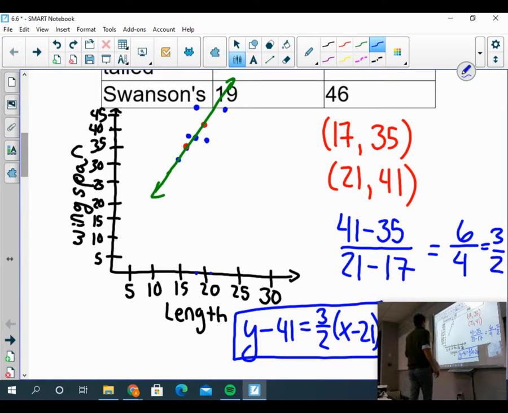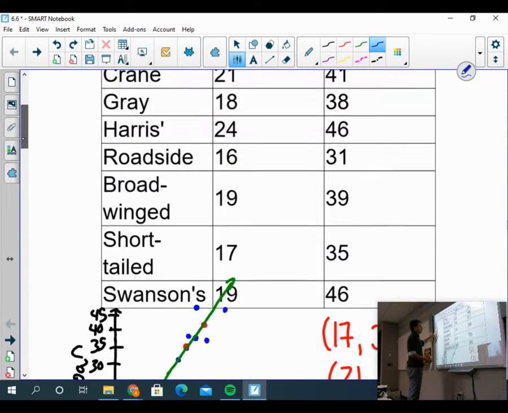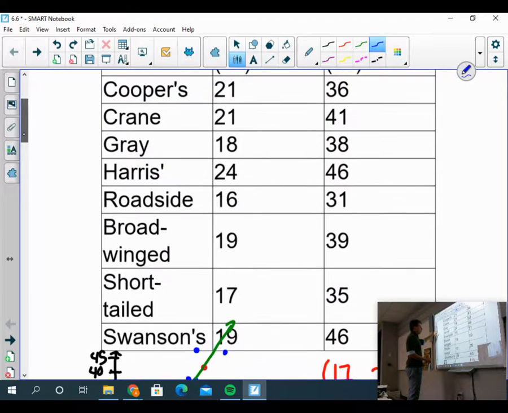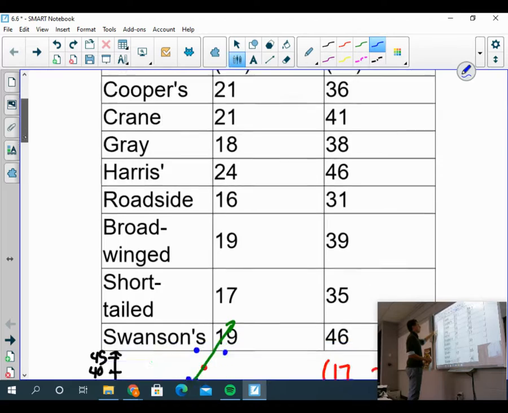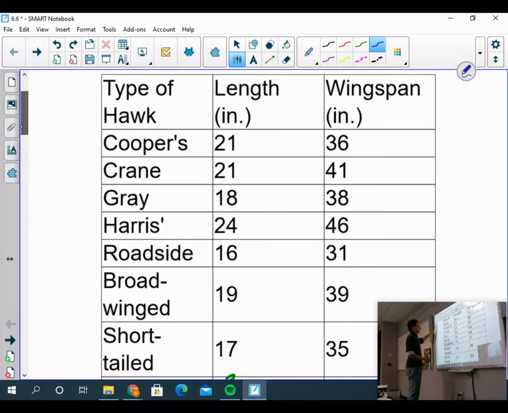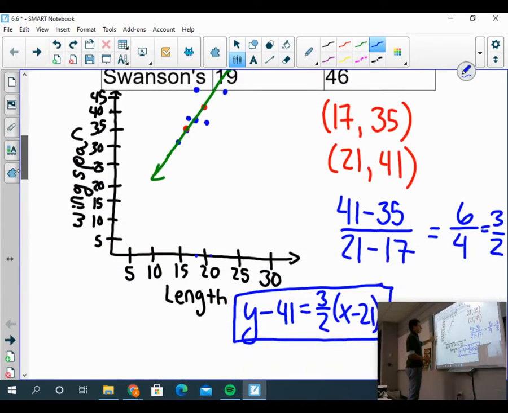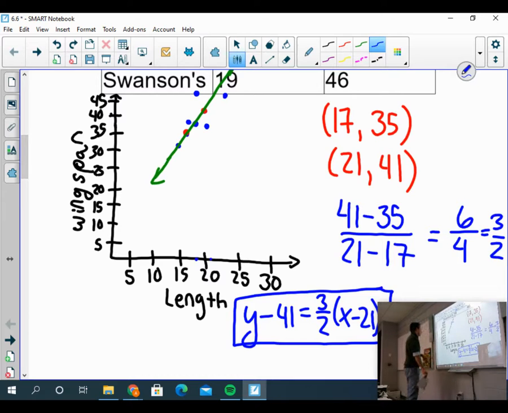Now, what's cool is when we have a line of best fit, then we could actually make some predictions. Okay? Looking at my data here, if you look through the data, what you'll notice is there is no hawk that has a length of 20 inches. But given this line I created, I could estimate a hawk with length 20 inches.